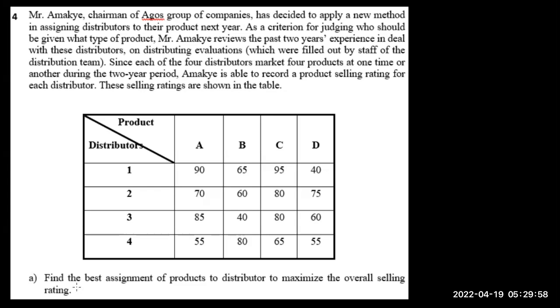How different is this from the previous question? This one is assignment, job assignment.